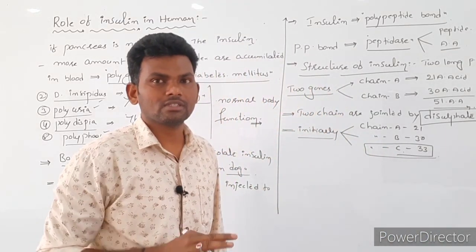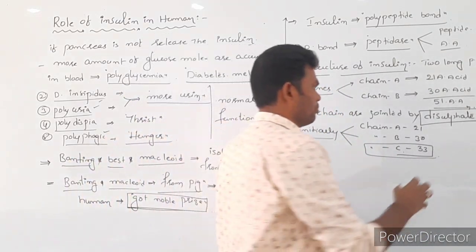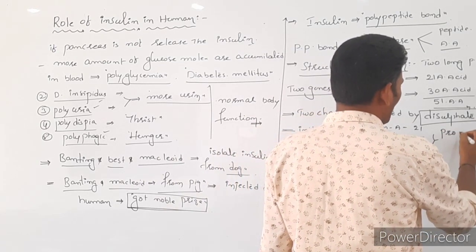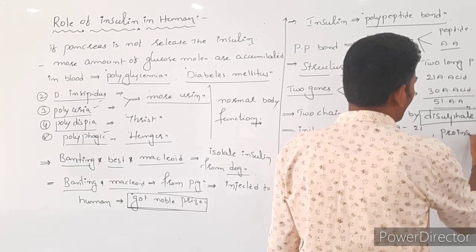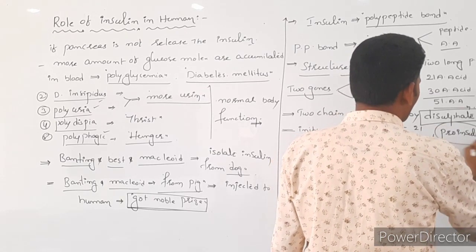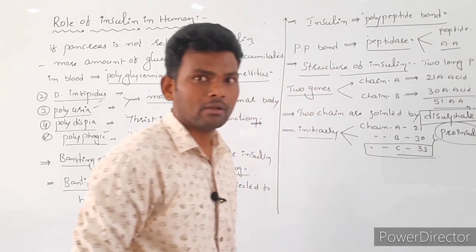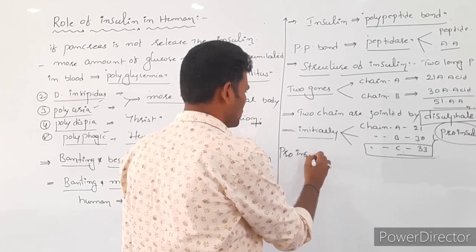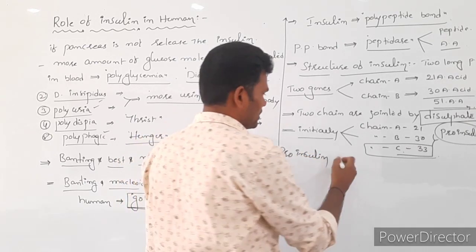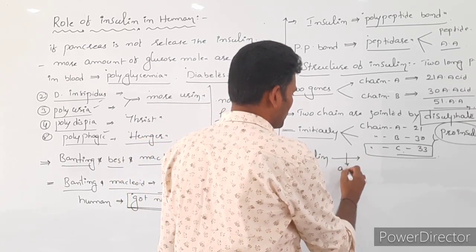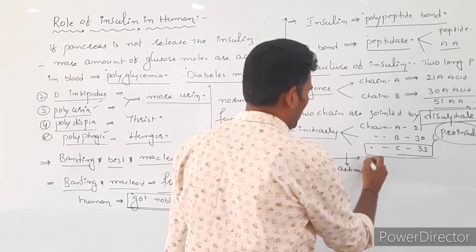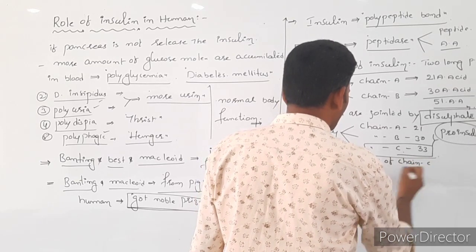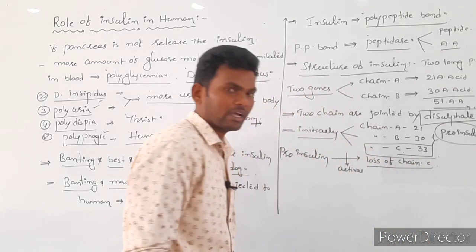If three chains are present in insulin, it is called proinsulin. This proinsulin is activated by loss of chain C.